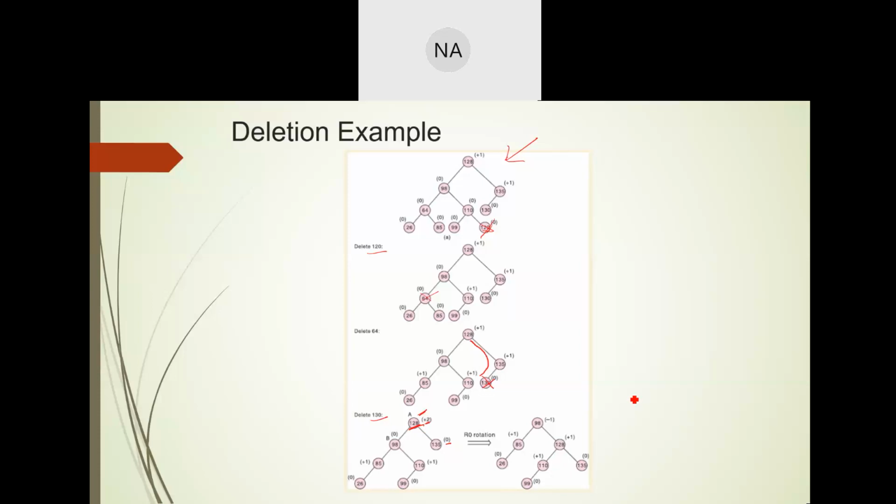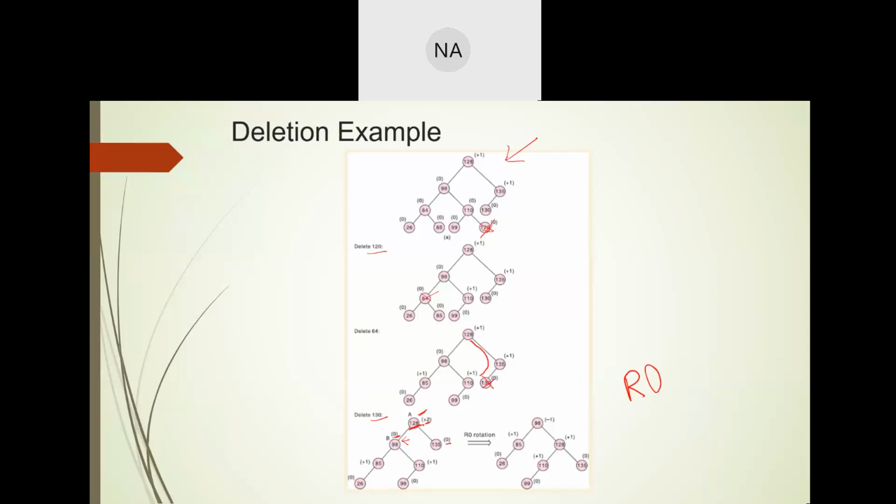So you need to perform R rotation to make the AVL tree balanced, and find node B. Node B is the root of the left subtree of node A. So node 98 is node B, and its balance factor is 0. So you need to perform R0 rotation, which is exactly the same as LL rotation.